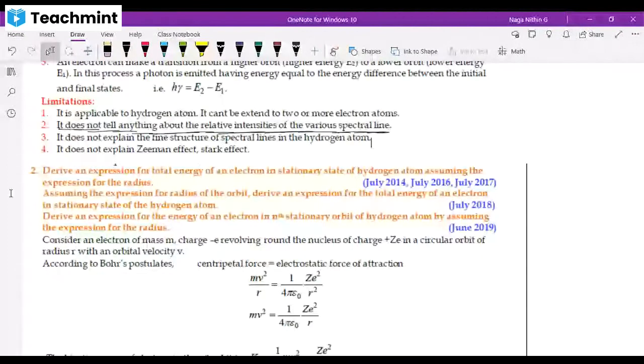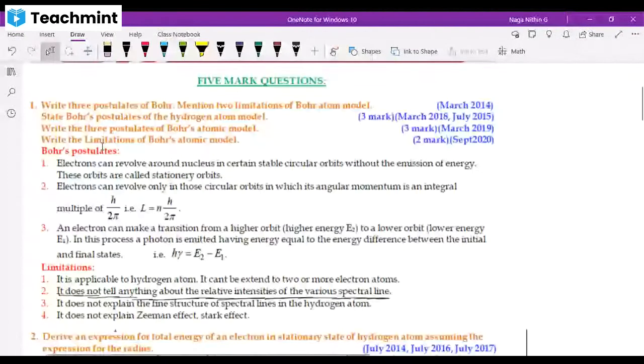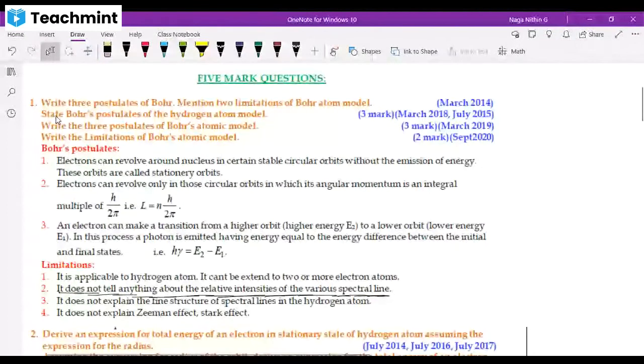So what is the first question? Write the three postulates of Bohr, which will be 3 marks. Mention two limitations of Bohr's atomic model, which will be 2 marks. Combined, it will be a 5 marks question.